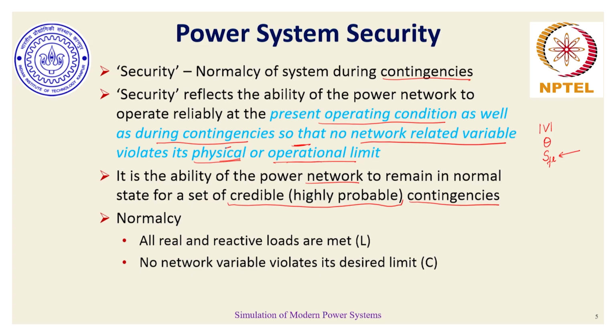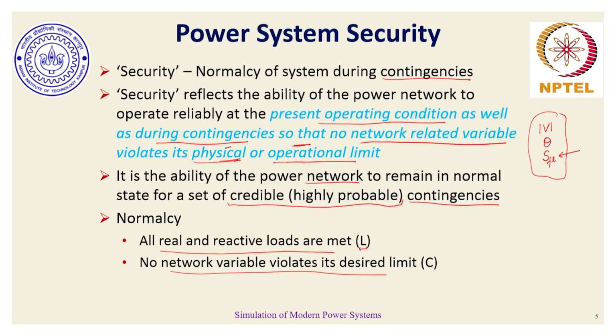The normalcy, as I mentioned, the quantification part: normalcy is when all real and reactive power loads are satisfied by some generator or set of generators. And as I was mentioning about these physical quantities, they are also within their desired physical or operational limits.